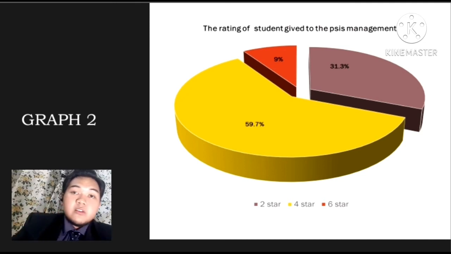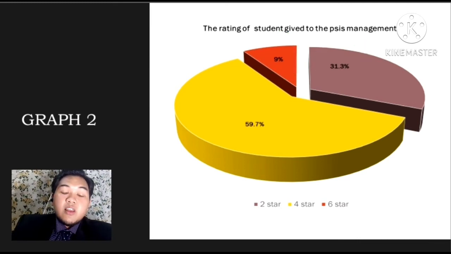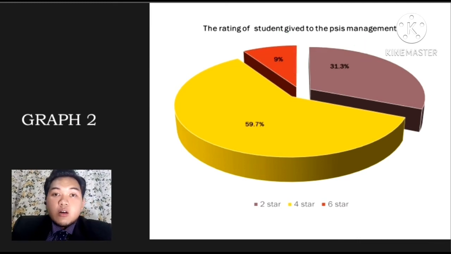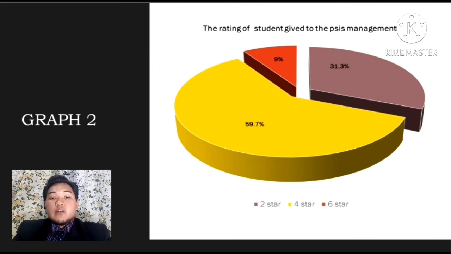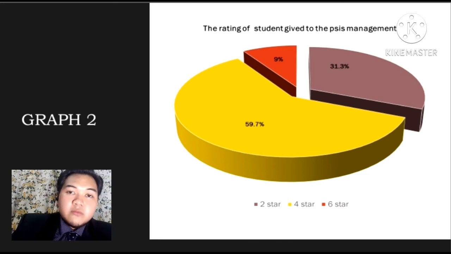The third comparison is 6 star versus 2 star. That's only slightly over a quarter of students give a 6 star to the Psis management, because they are very satisfied with the Psis management.